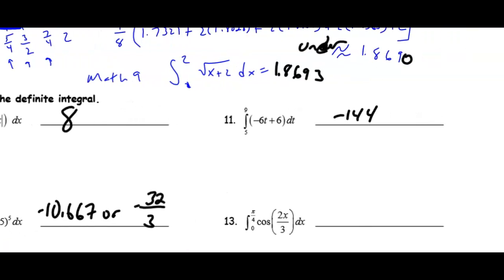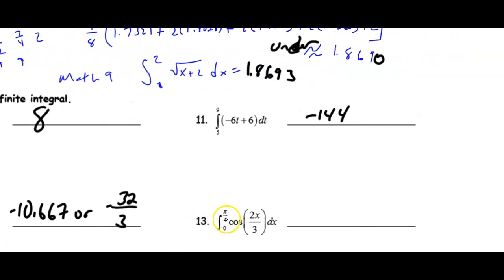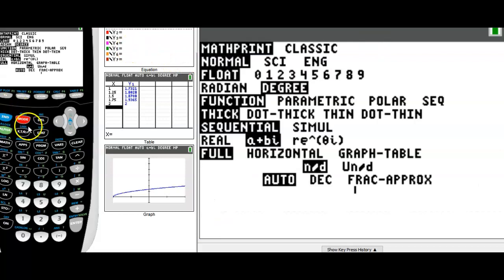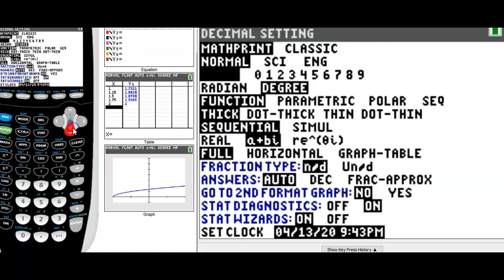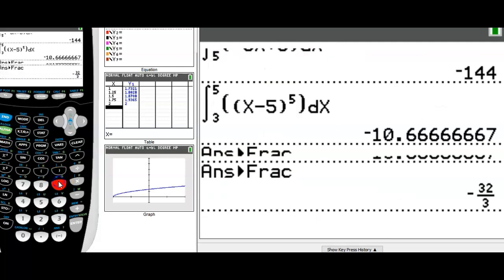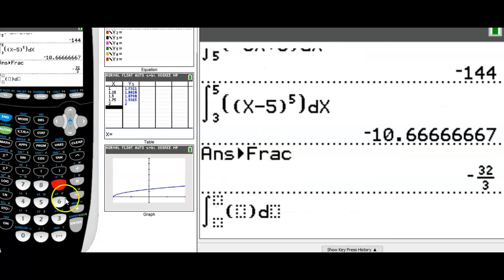Okay. Now for this one, you see how this one has power of 4? So we're going to change the mode of our calculator to radians right here. Now we're going to change this to radians. So when I put this one in, change your mode. Go ahead and change that to radians because it has that pi in it. All right. Now I'm going to press math 9, and then I'm going to punch it in.